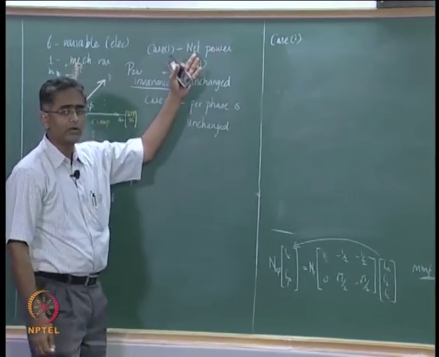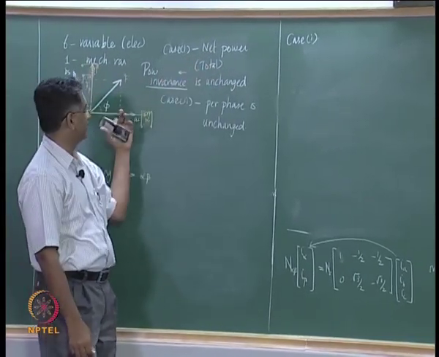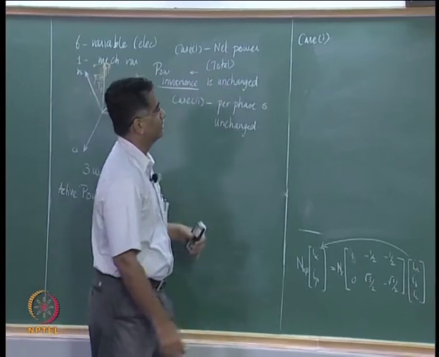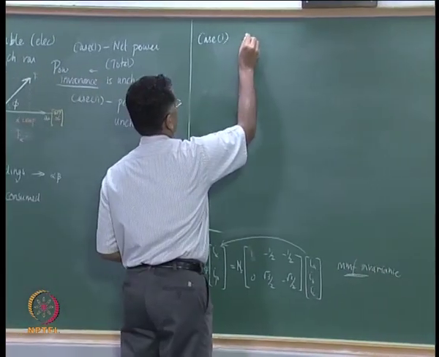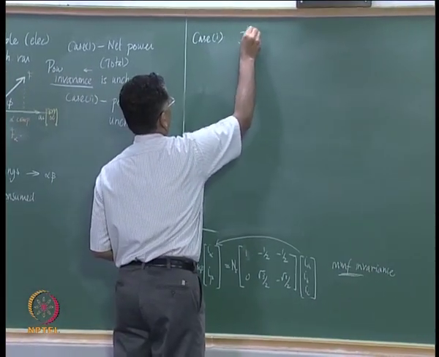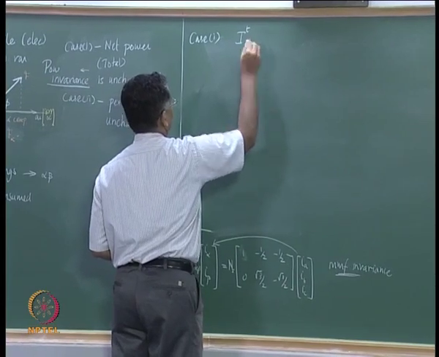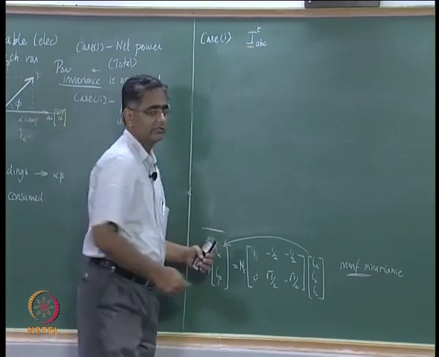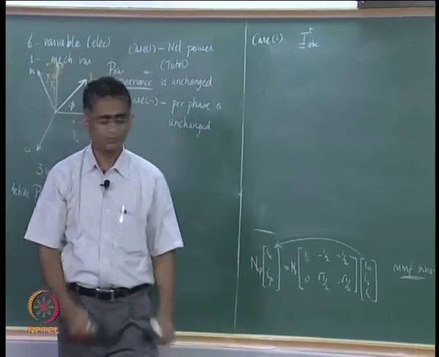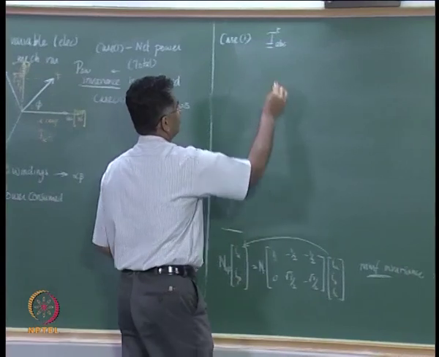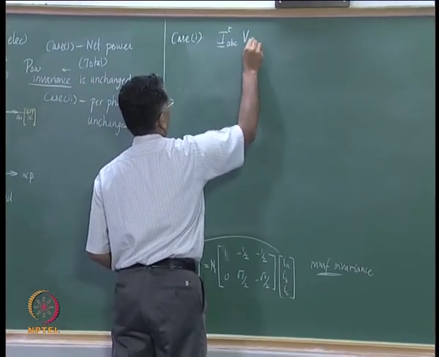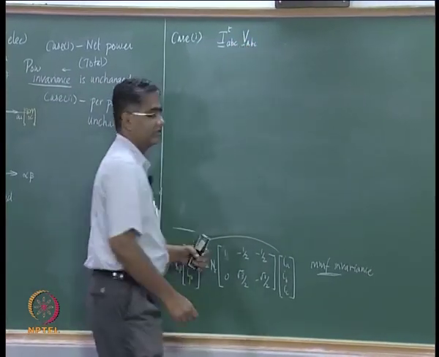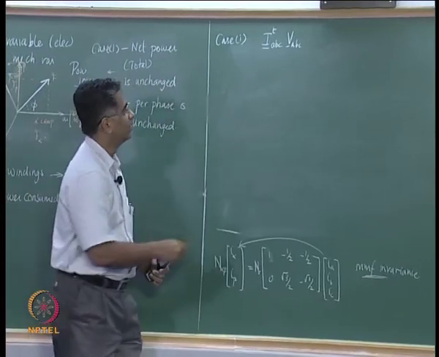If the net power which is drawn by the 3 phases must be equal to these two, what we have is I transpose ABC, that means I is a vector consisting of IA, IB, IC, transpose ABC multiplied by VABC, this is a vector consisting of VA, VB, VC.